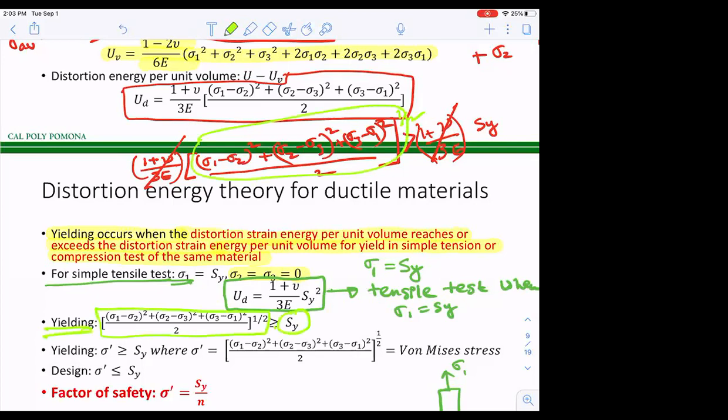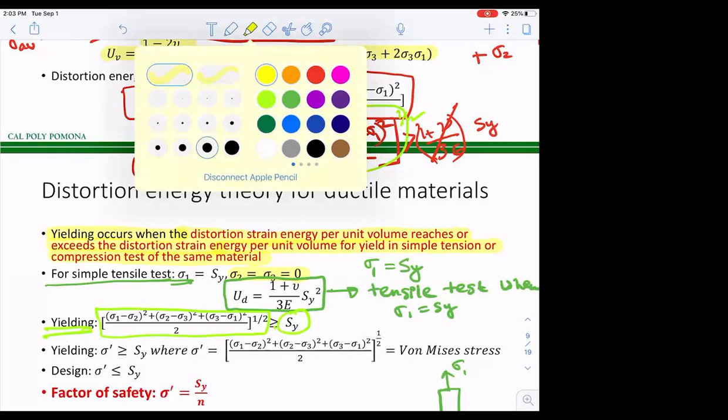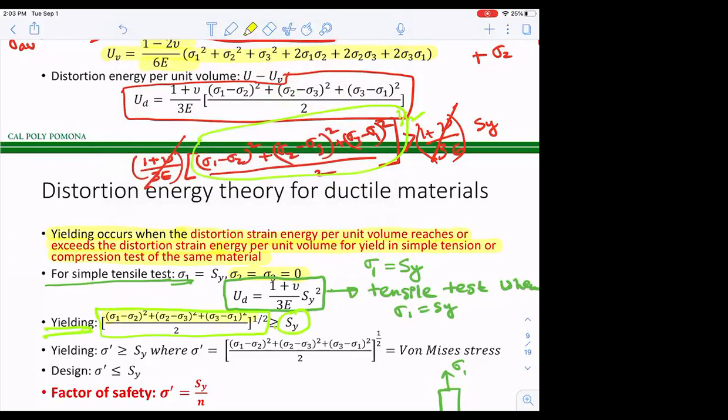Then yielding takes place. Now this quantity, I'm going to highlight it in red. This quantity has a special name. We call it von Mises stress.